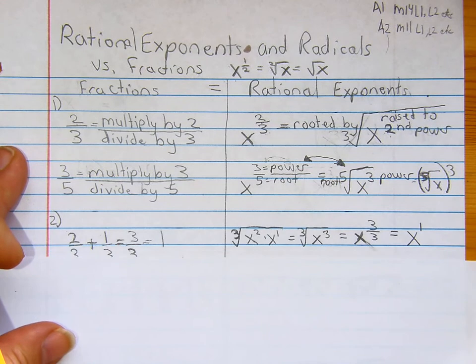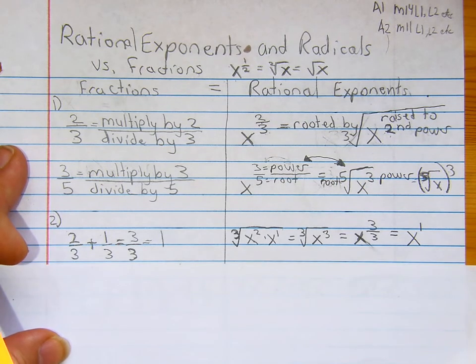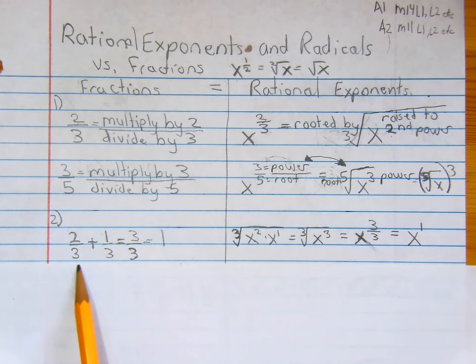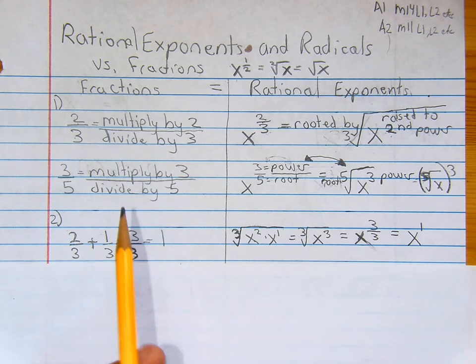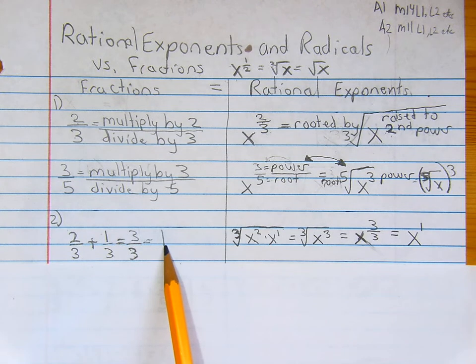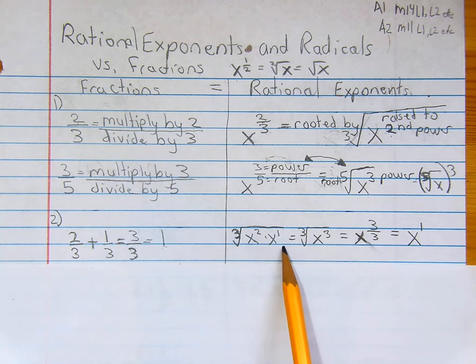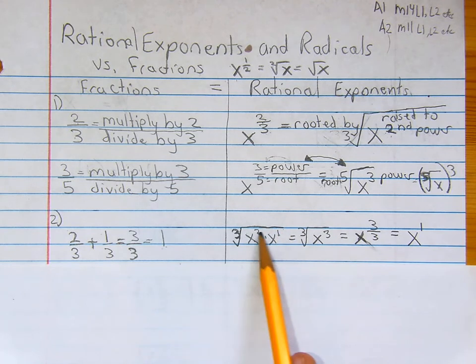So the next concept to look at is adding fractions with like denominators. You add the numerators, and if you ever get a situation where the same number is on top as on the bottom, then they simplify down to 1. So here, if I have x squared times x to the first power, remember when you multiply, it's the same thing as adding your exponents.